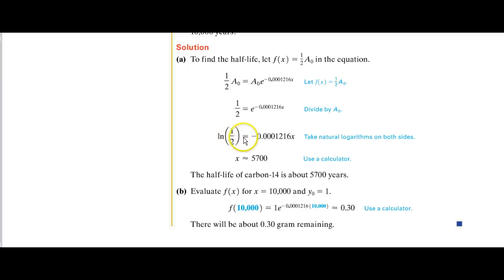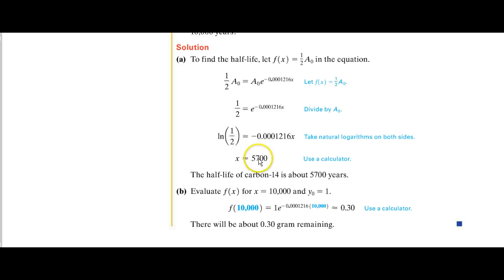And when we put this natural log of 1/2 divided by this, you get x equals 5,700 years. So after 5,700 years, you would have 1/2 gram of radioactive carbon-14 left compared to what you had originally.